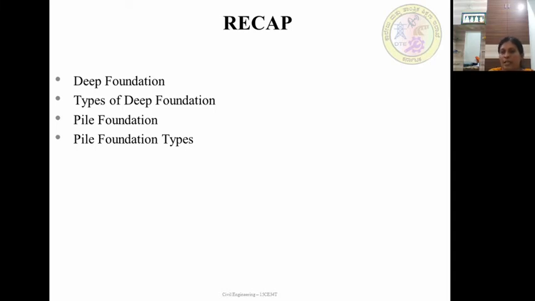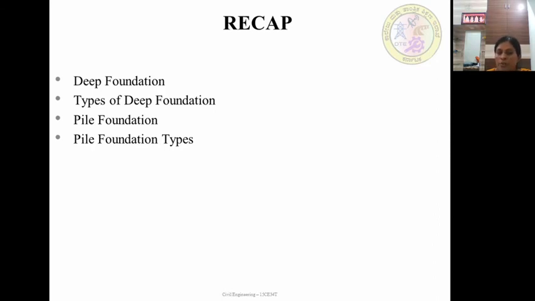And next is the friction piles. In some cases we could not provide bearing piles, that means below the ground level more soft soil is present, where it is difficult to reach hard strata. In those situations, end bearing pile depth increases, and the cost of construction also increases.